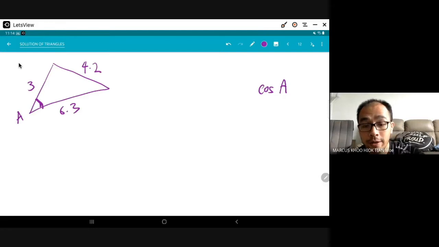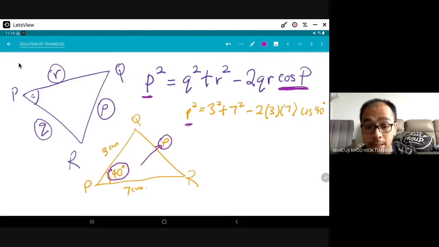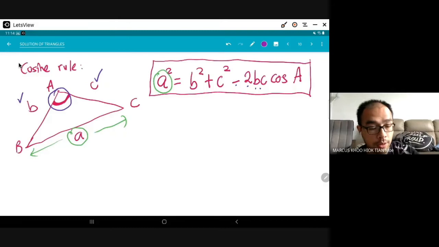Now if I want cos A, take a look at the pattern. If I use cos P, that means my starting point must be the side P. And if my angle is 40, then the starting point must be P. Take a look.